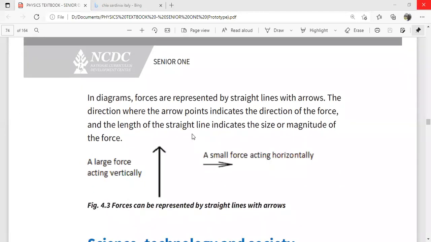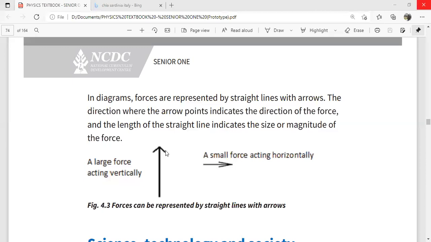Okay. Let us move on, but for a few minutes, we are only capturing this point that in diagrams, forces are represented by straight lines with arrows. Most of the diagrams that we come across in our notes, whenever we are representing a force, we simply draw a line, and at the end of the line, we must put an arrow.